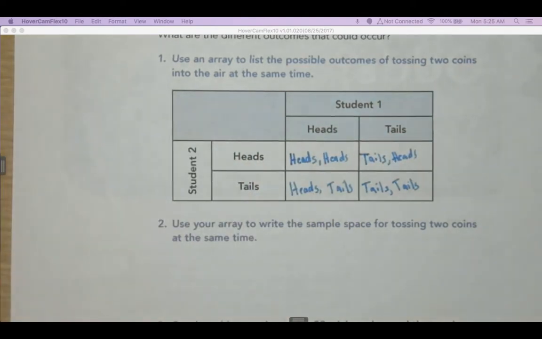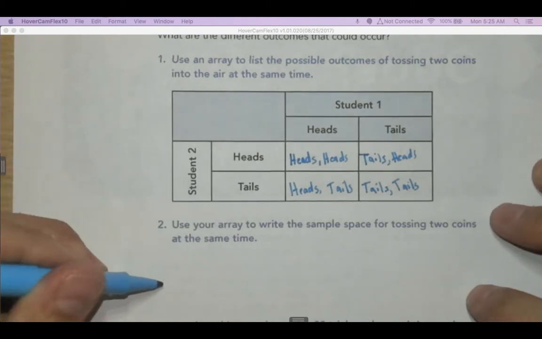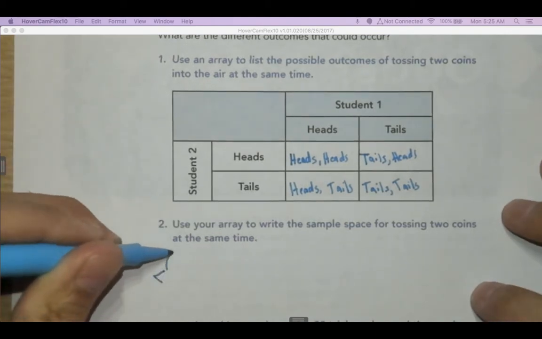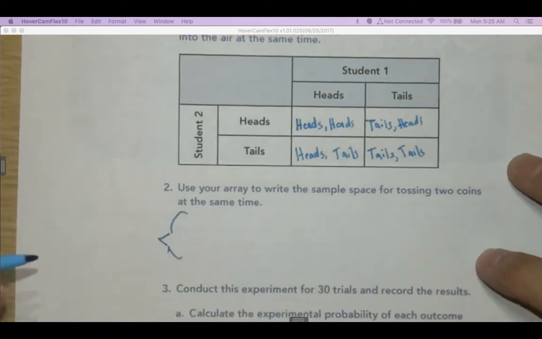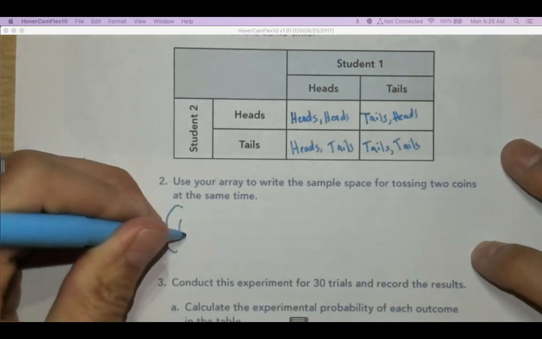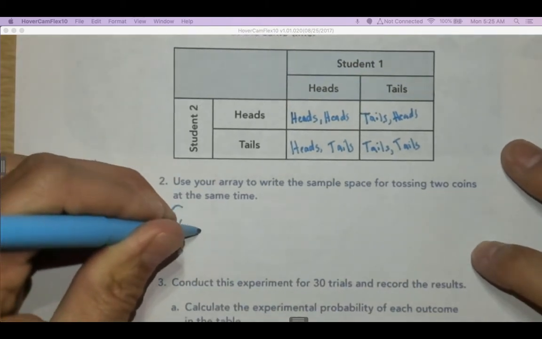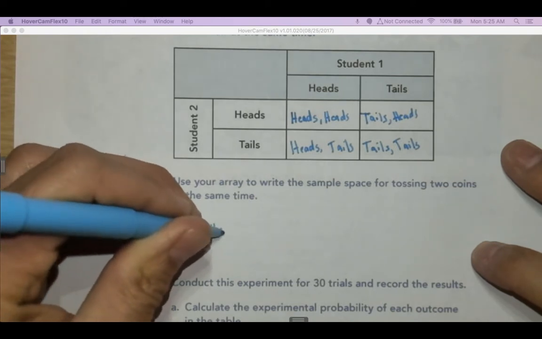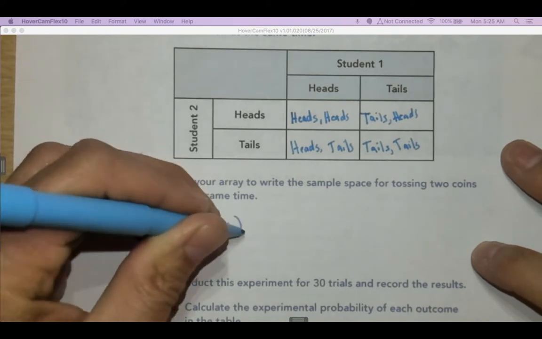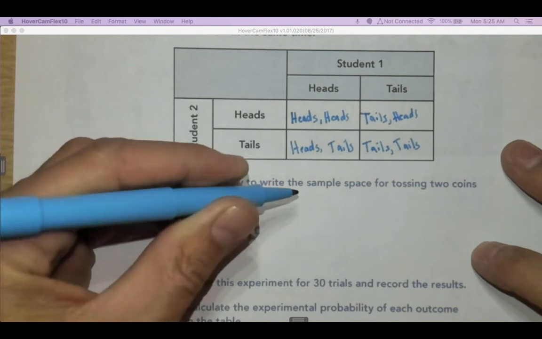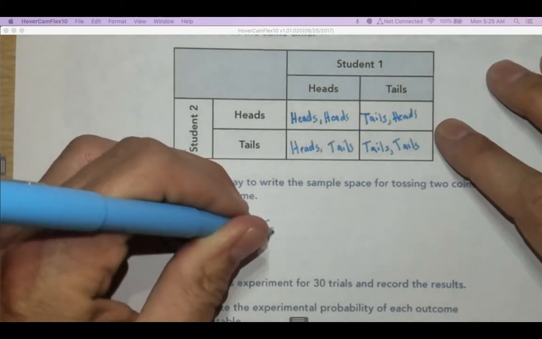All right. And then if I'm looking at this, my sample space, use your array to write the sample space for tossing coins at the same time. All right. Well, I could have heads and heads. I could have tails and heads.